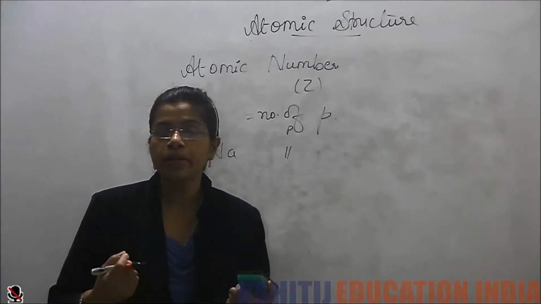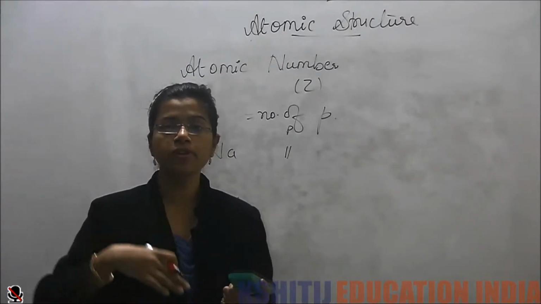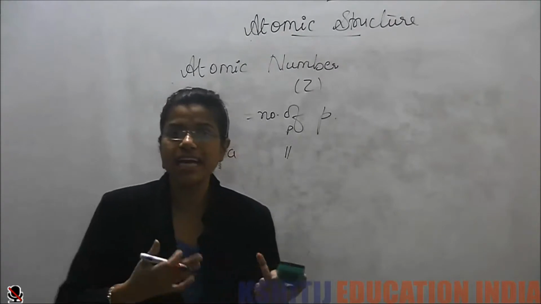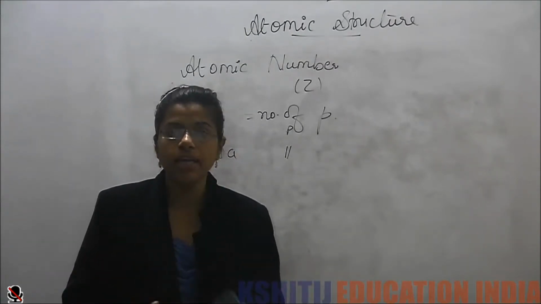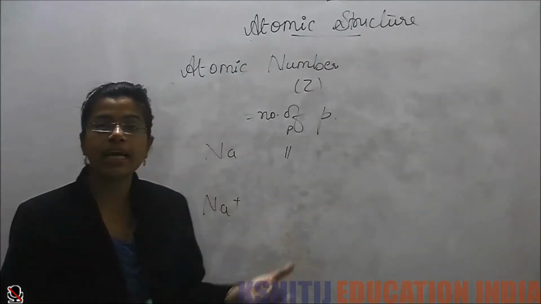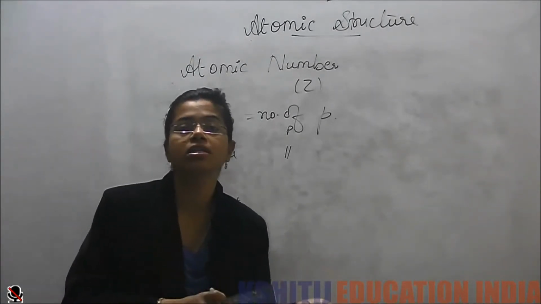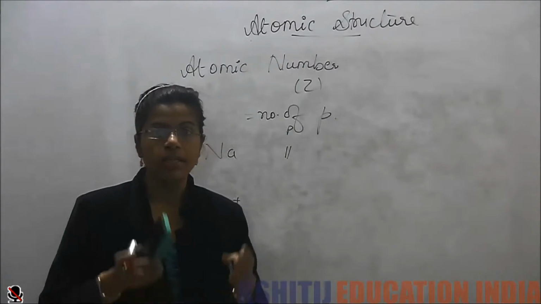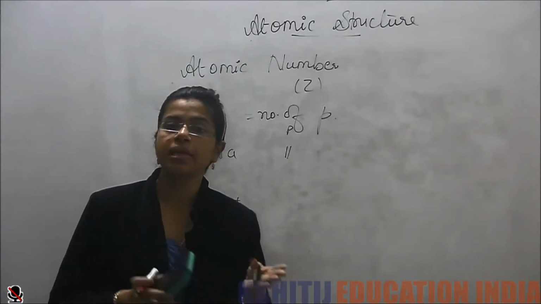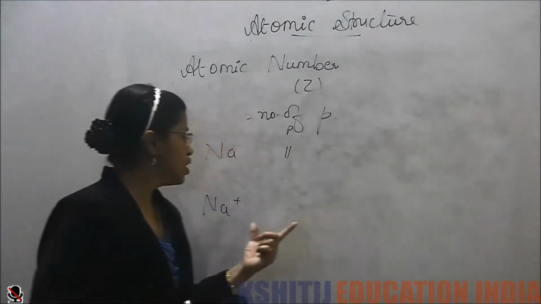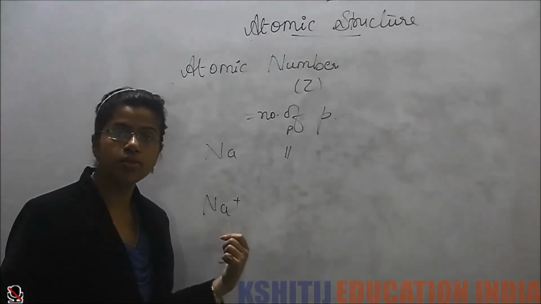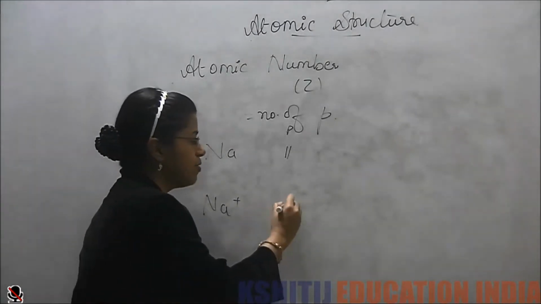We, the common people, can move out of a city or move into the city as per our wish, as per the requirement, right? Similarly, any cation or anion which is formed, that is because of the loss or gain of electrons. The protons and neutrons remain same. So, in sodium ion also, number of protons would be 11 only.